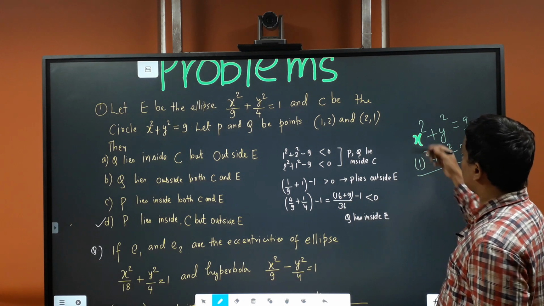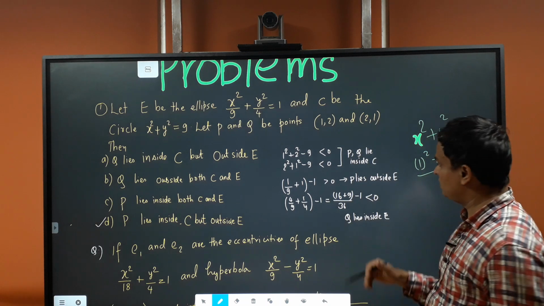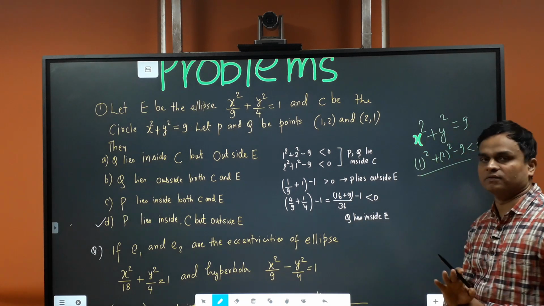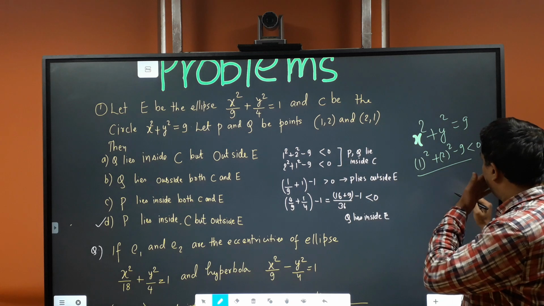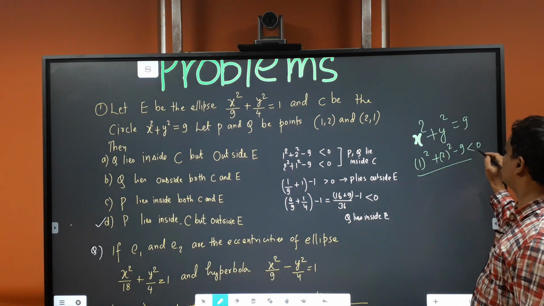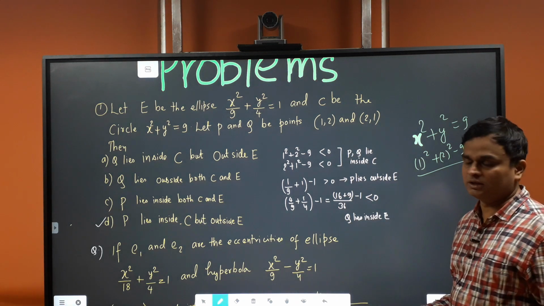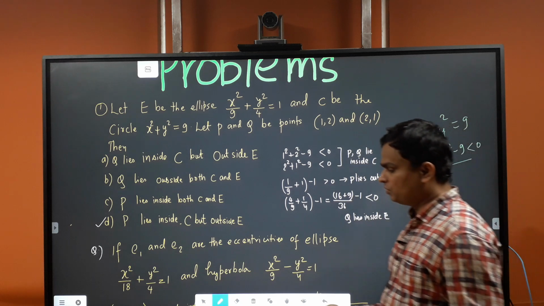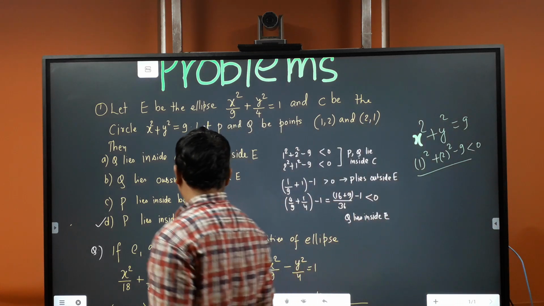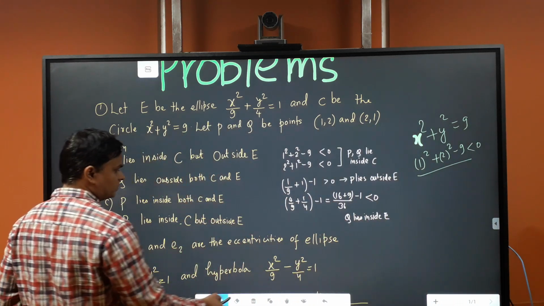If it is less than 0, that means the point lies inside the circle. Okay, the same holds true for every curve. If this is greater than 0, then the point lies outside the curve, and if it is equal to 0, then the point lies on the curve. So I think you all might be well aware of these properties.